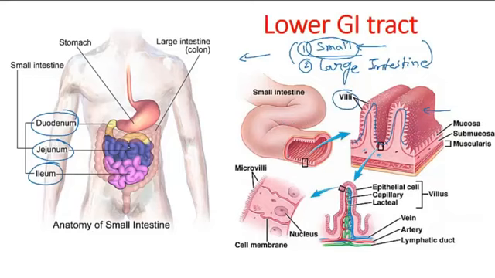As you can see here, these finger-like projections are all around the internal surface of the small intestine. The villi increase the surface area because the job of the small intestine is to absorb nutrients. So the more surface area they have, the better absorption they can do.